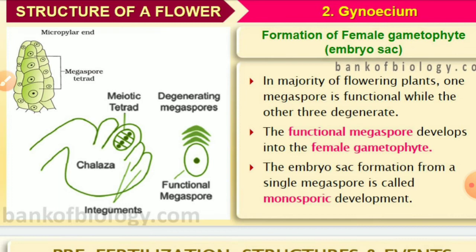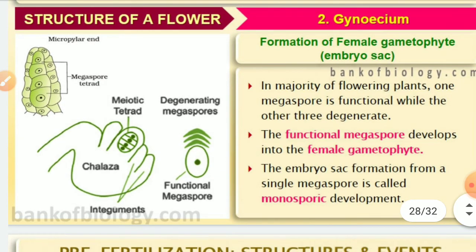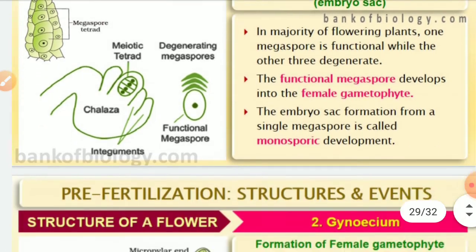The embryo sac formation from a single megaspore is called monosporic development.